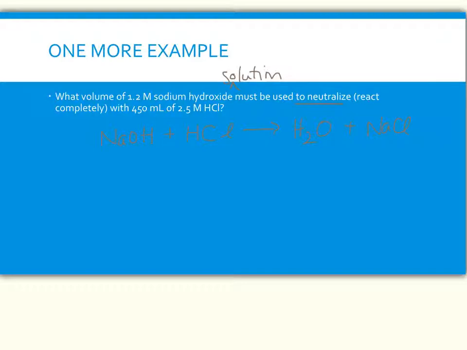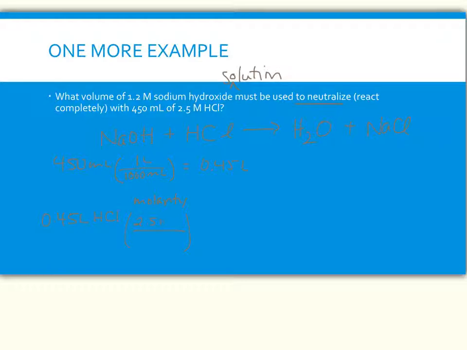So let's convert our milliliters to liters. 0.45 liters, and now I can start. 0.45 liters is associated with the hydrochloric acid. Okay, and just like we've been doing so far, we're going to use molarity to convert to moles, because we are given a volume instead of a mass.